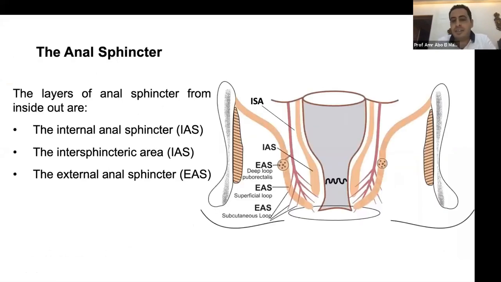The anal sphincter is very important in doing rectal EUS or anal EUS. The layers of the anal sphincter from inside out are the internal anal sphincter, the intersphincteric area, and the external anal sphincter.